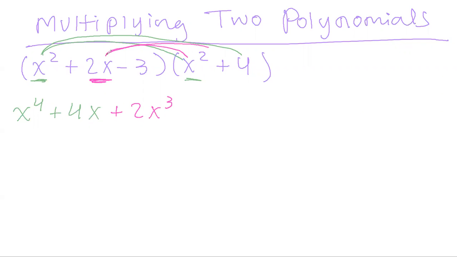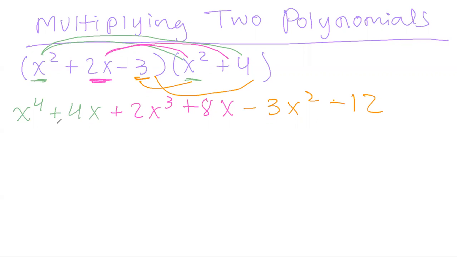Multiply 2x onto the 4, and I get plus 8x. And then lastly, I have -3 times x squared, so I have minus 3x squared, and then -3 times 4, which is -12. So again, if you notice, I'm taking each term in the first one, and they each get a chance to multiply with all the terms in the second one. So I'm always multiplying by x squared and 4 with each of these terms.